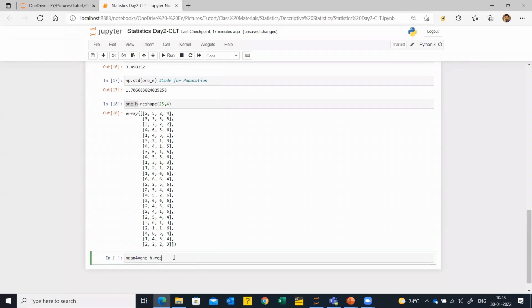Let's use the reshape, keep it 25 and 4, and then we can do the mean with axis equals to 1.